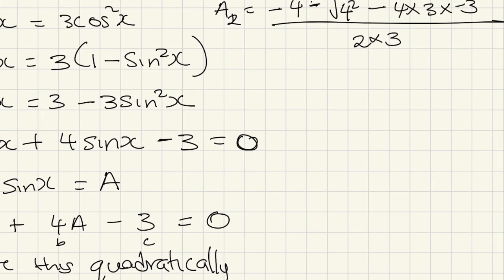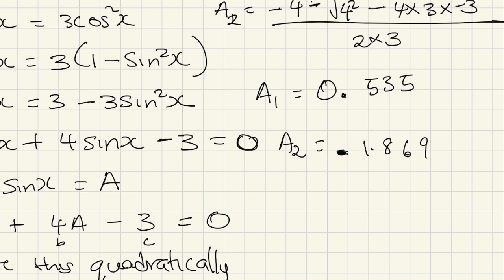So then we can now solve for a1 and a2 with our calculators, and we get 0.535, and we also get negative 1.869. Let me just verify that again.